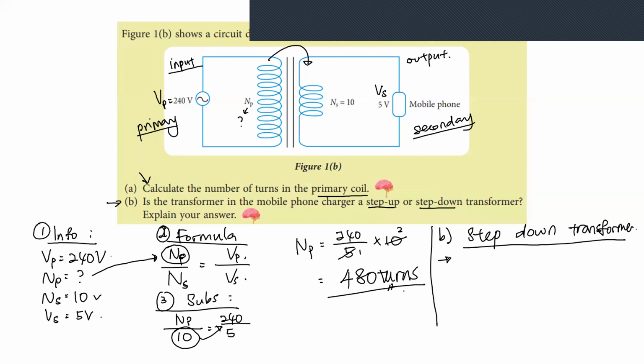You can explain that the voltage decreases, so we say the output voltage is decreased.